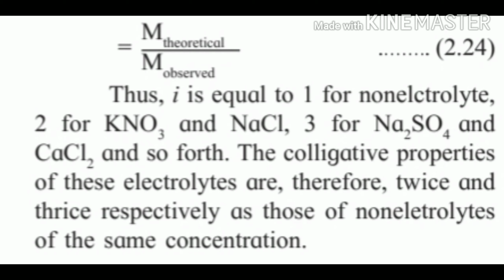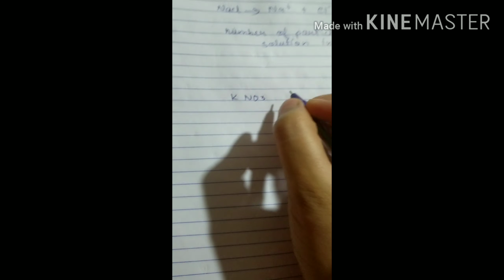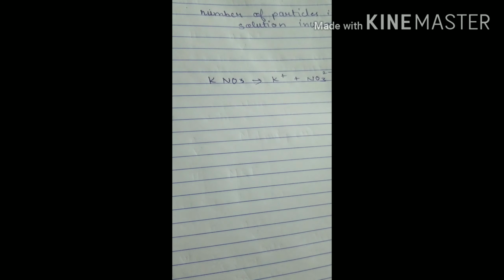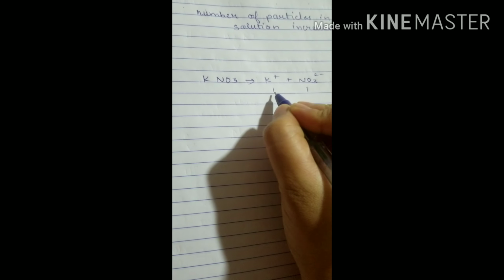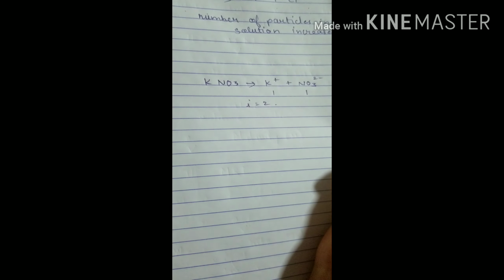Now how do you calculate that? If you take the example of KNO3, we know it is going to split up as K plus and NO3 minus, right? So this is 1 and 1, so it is getting dissociated into 2, hence the value of I is going to be 2 for KNO3.